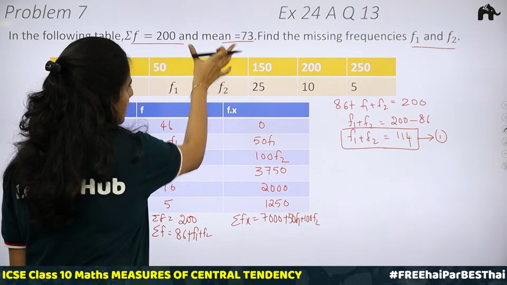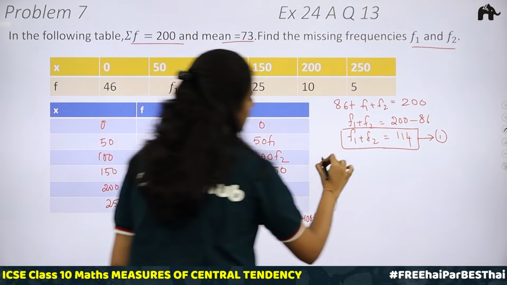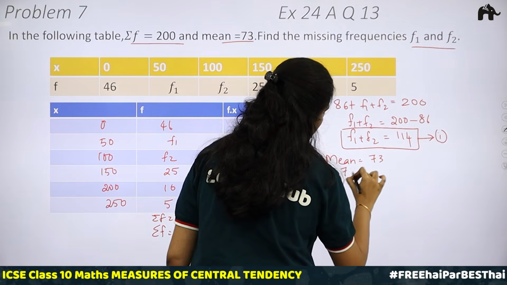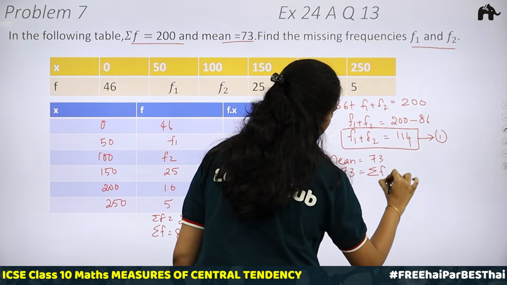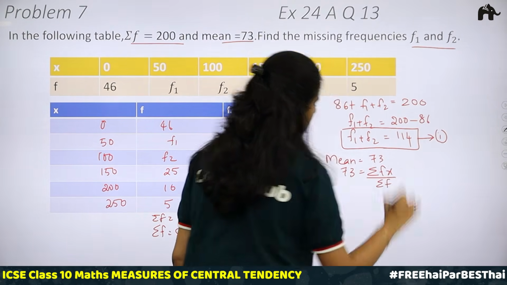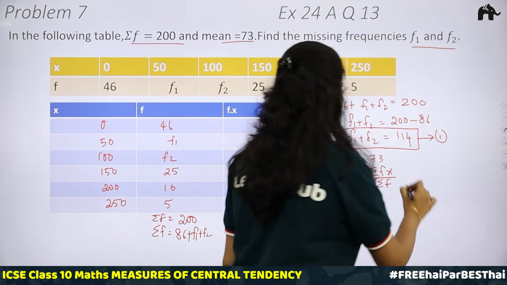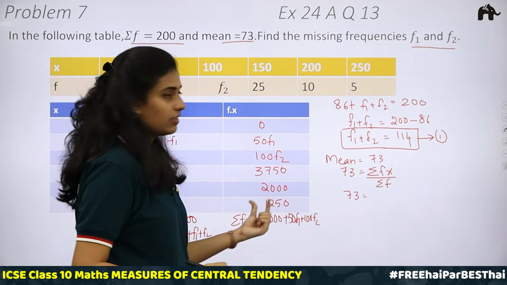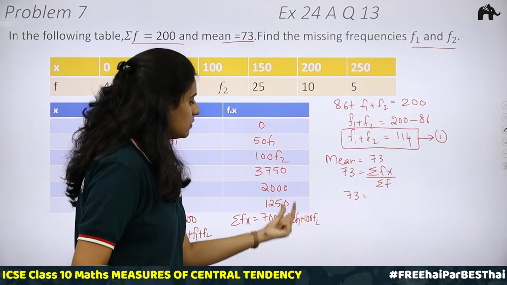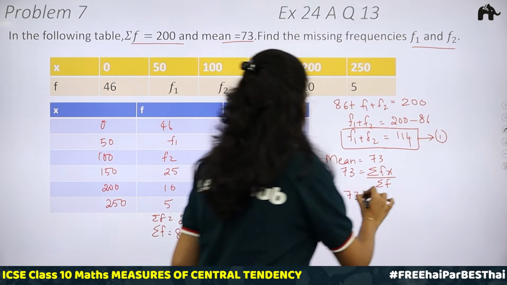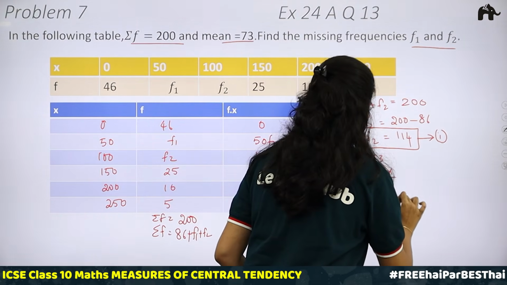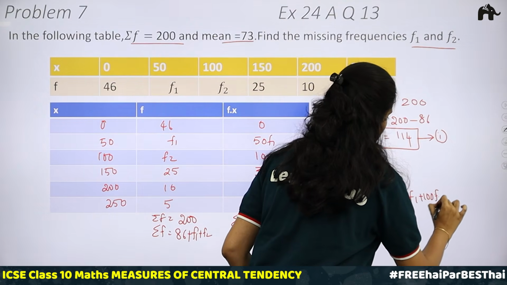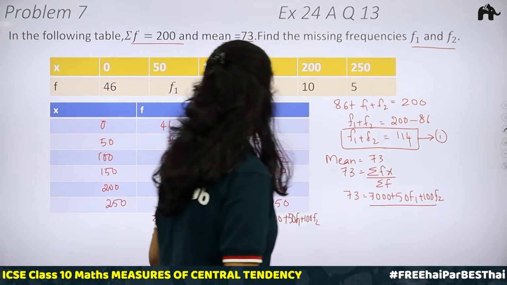Then what else is given? Mean is given. Mean is equal to 73. So, 73 will be equal to summation fx divided by summation f. What is summation fx? We have summation fx is equal to 7000 plus 50 f1 plus 100 f2, divided by summation f.